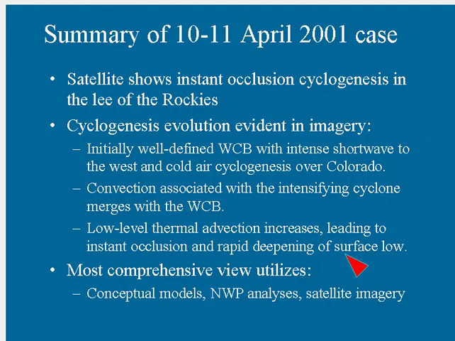And when that happened, we saw a rapid deepening of the low, and that, of course, meant that we had instant occlusion cyclogenesis taking place. The most comprehensive overview of this case was made possible by the use of conceptual models that we looked at in this session here, NWP analyses, and satellite imagery, all combined here.